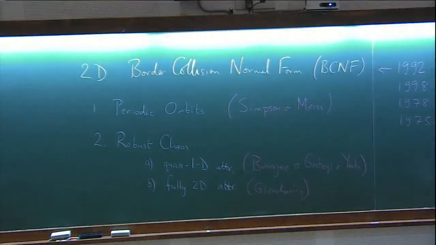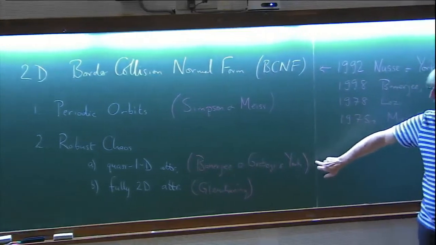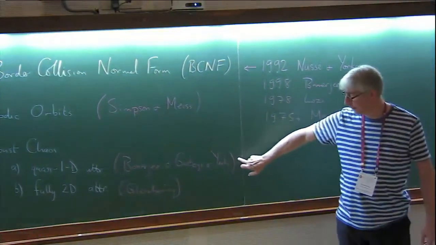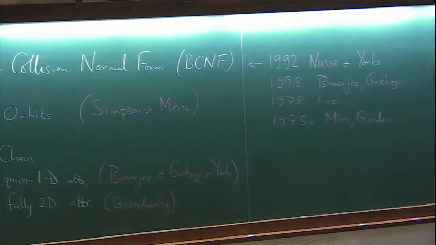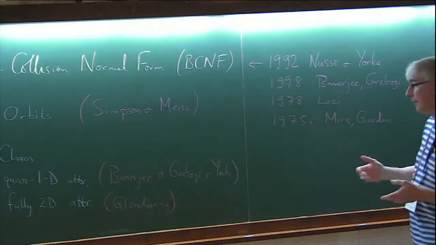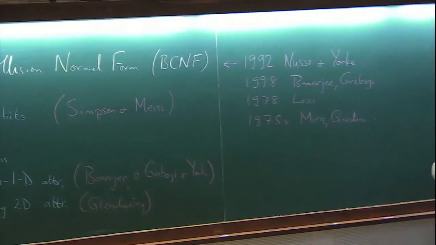This actually links to something that we haven't really talked about, but there was a very well-developed theory by the mid-1970s of the transverse intersection of stable and unstable manifolds of fixed points and Newhouse phenomena and things like that.